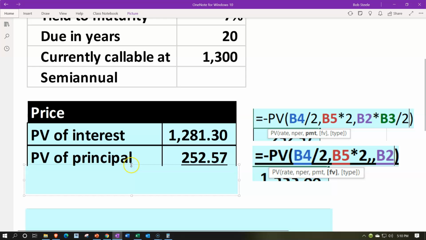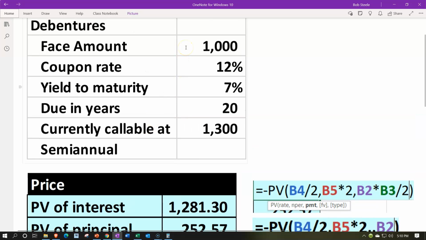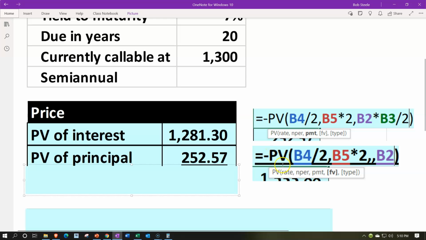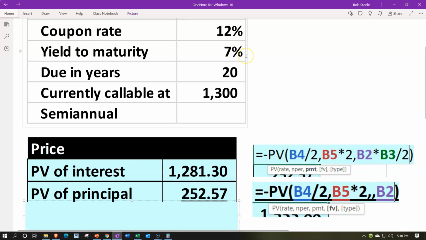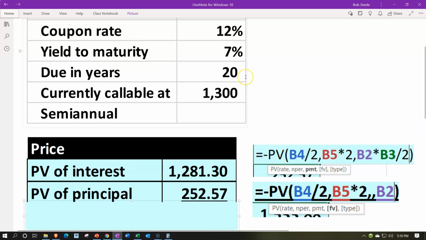Then we'd have the present value of the principal. The present value of the principal is that 1,000 that we're going to carry back to the current time period using the market rate of 7%. It would look like this. The rate would be, once again, 7%, the market rate or the yield to maturity, but that's for the entire year, and we're looking at 6-month time periods, so we will divide that by 2, comma, number of periods would be, once again, 20, but that would be for a yearly period.